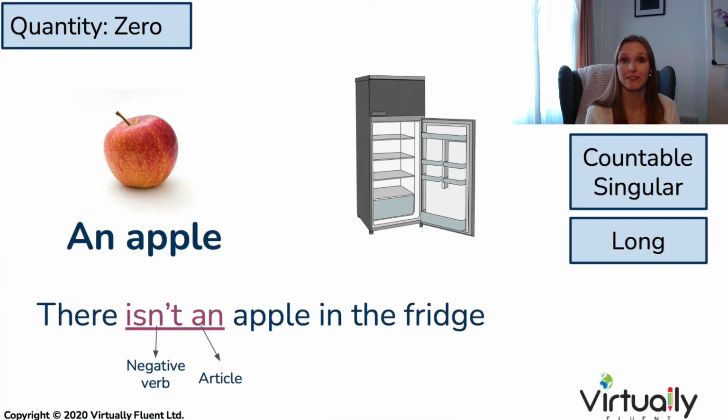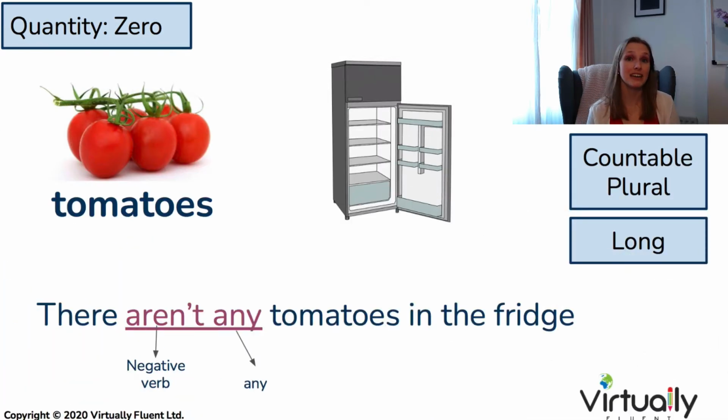Remember, we also have that little special rule that if a noun begins with a vowel sound, for example, apple, we don't say a, we say an. So in this case, there isn't an apple in the fridge. However, if the noun is plural, for example, tomatoes, we continue with a negative verb, aren't, but now we need to say any. Instead, there aren't any tomatoes in the fridge.